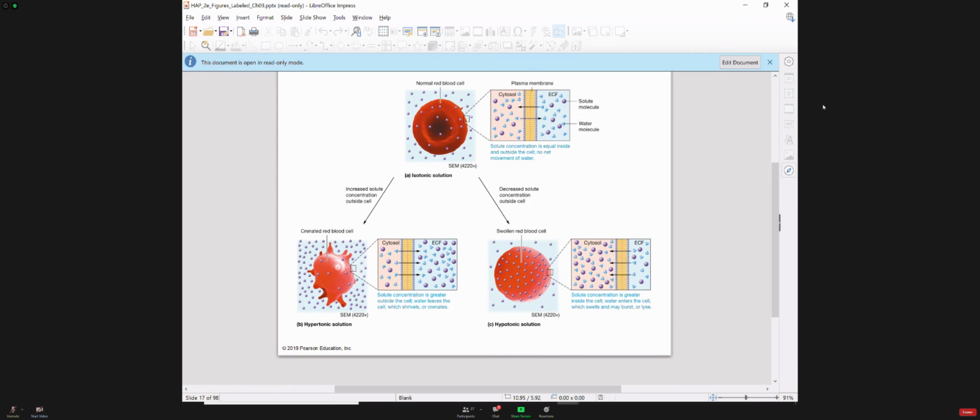For example, we have the membrane here. This is the phospholipid membrane of the cell, and we have cytosol inside of the cell and extracellular fluid here. And by means of osmosis, solvent, remember solvent and solute?